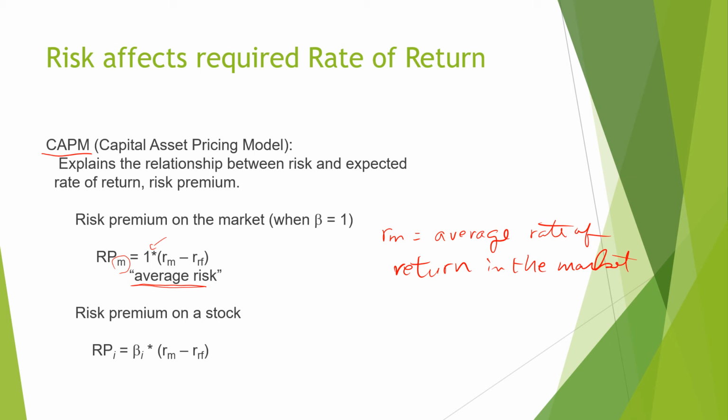It is average risk in the market. So risk premium on a certain specific stock is computed like that stock's beta times this, which is the average risk premium, right? This is risk premium of market.